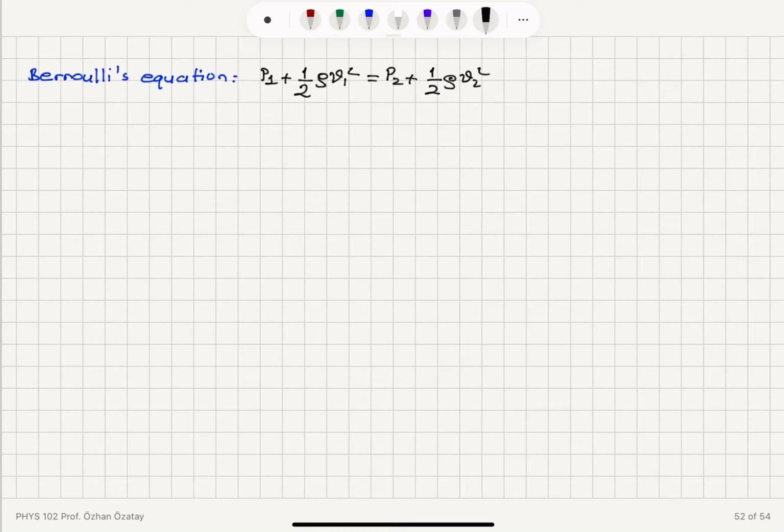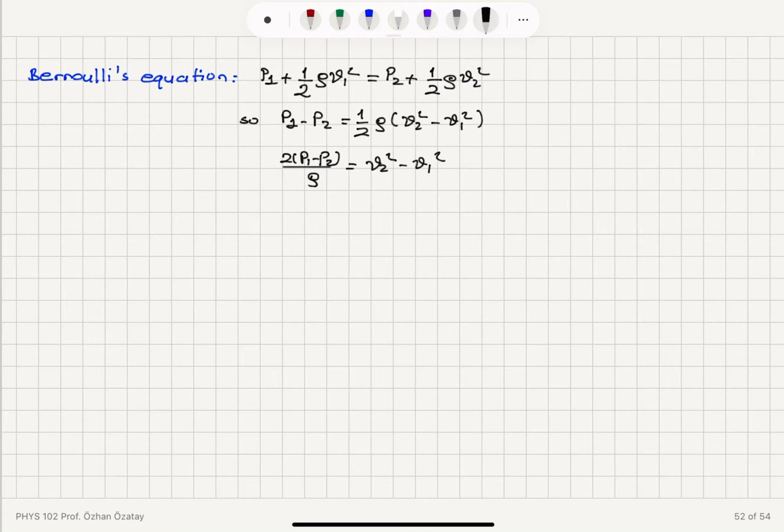So this gives us P1 minus P2 is equal to 1/2 rho (V2 squared minus V1 squared). So if we rearrange this, 2(P1 minus P2) divided by rho is equal to V2 squared minus V1 squared.